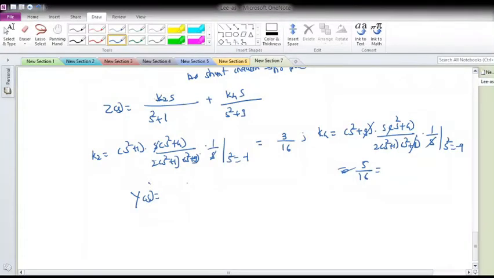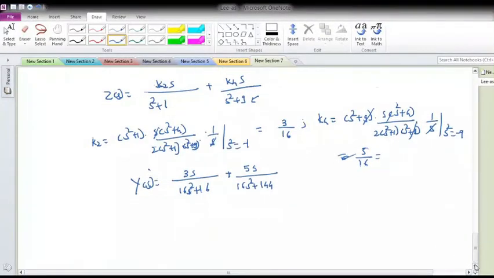So your y of s will now be 3 by 16s, which will be 3s upon 16 multiplied with s square plus 1, because k2 is 3 by 16. So this is 16s square plus 16, and plus 5 by 16 multiplied with this k4, so it will be 5s divided by 16s square plus 144.